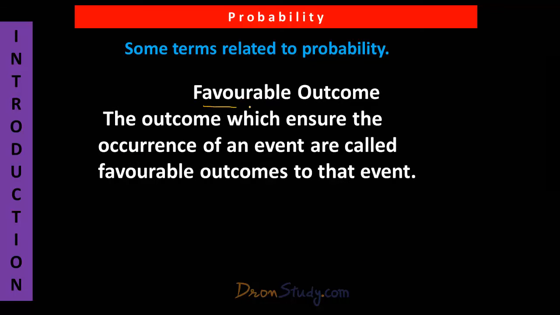Now the favorable outcome. The outcomes which ensure the occurrence of an event are called favorable outcomes to that event. Tossing of a coin: either it will be head or it will be tail.